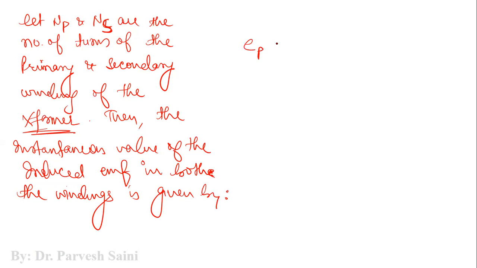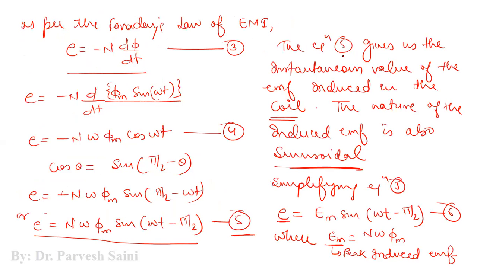So EP is the instantaneous value of the primary winding, and this is because of the self induction. So EP is equal to EMP sine omega t minus pi by 2. This is, let us say, equation number 7.